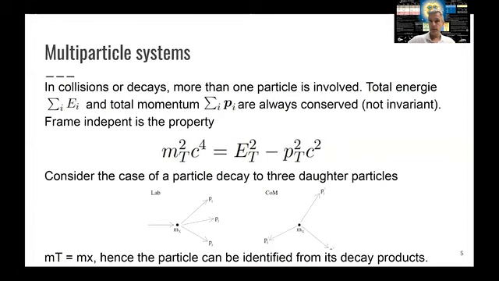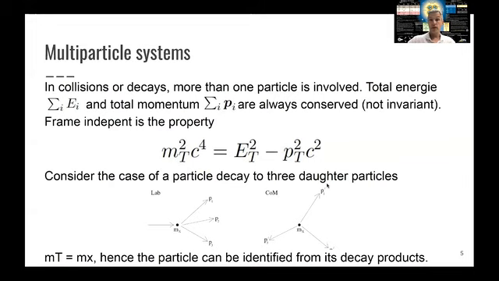They are not invariant. So be aware of the distinction between conserved properties and invariant properties. Invariant here means, we perform a transformation like the Lorentz transformation and the property doesn't change. Conserved here means we have a reaction, and in that reaction, the property is not changing. Those are two different distinct things.